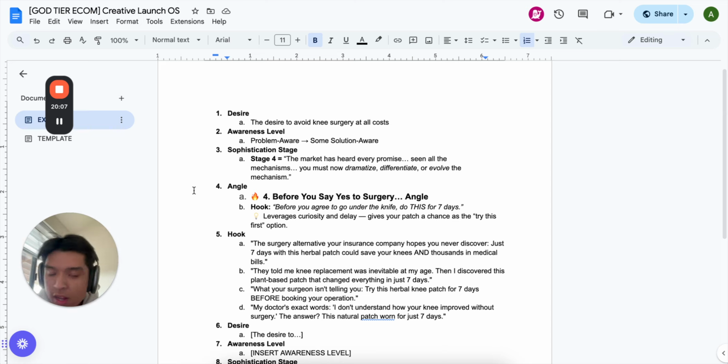The format doesn't matter. It's not how you design the ad or the effects you use or the type of creator you have or the Canva template pack that you use. It's what you're saying and how you're saying it. That is what matters. As long as that is dialed in, it does not matter what format it's in. You can get the format wrong, but you can't get this wrong. You have to get this right. Every winning ad gets this right.